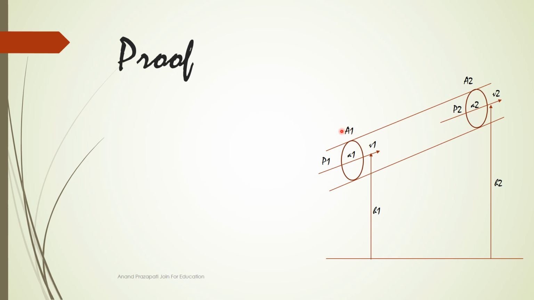So we find out the relation of pressure, velocity, density and height at the point A1 and at the point A2 of the pipeline. Let's see. After the simple calculation, we get this.